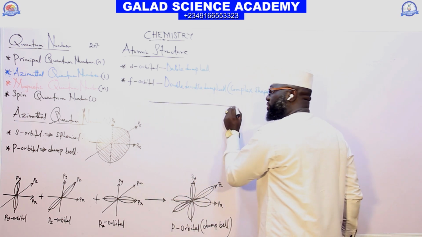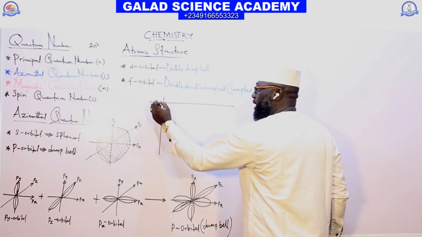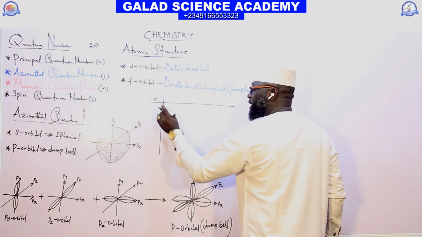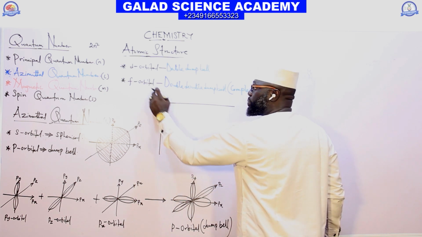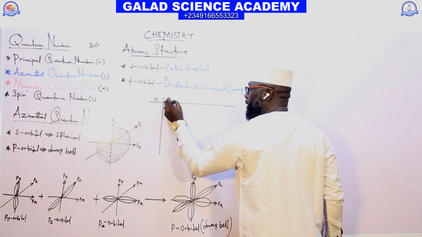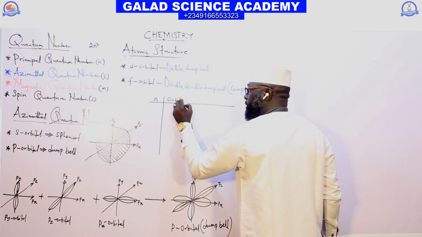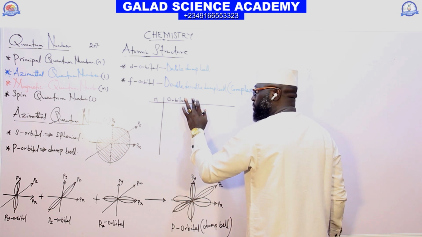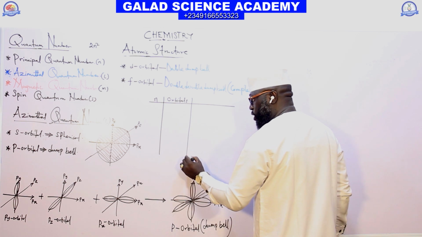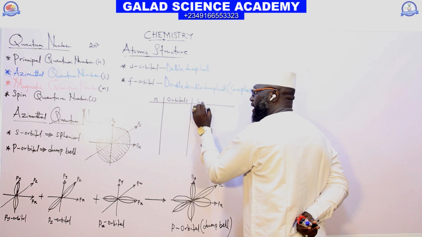Let me say this is n. This n represents principal quantum number. Here we have type of orbitals.